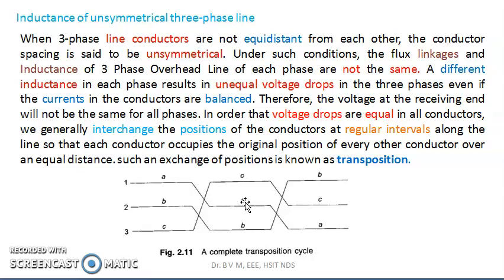Lambda A2 is equal to 2 into 10 raised to minus 7 [IA log of 1 by R dash plus IB log of 1 by D23 plus IC log of 1 by D12]. That is, the distance between A and B is D23, and between A and C is D12.